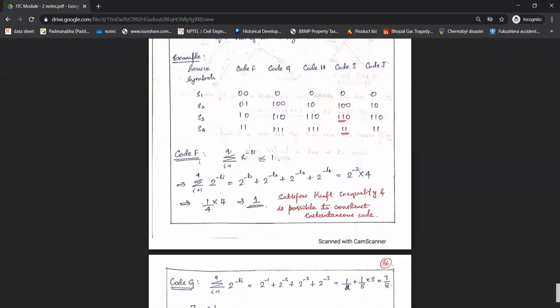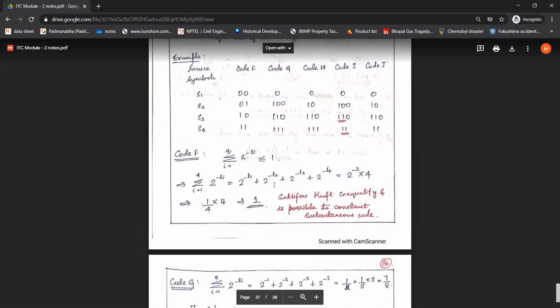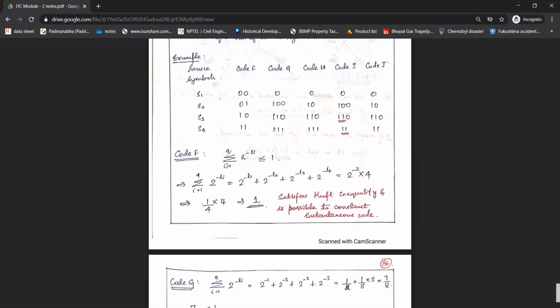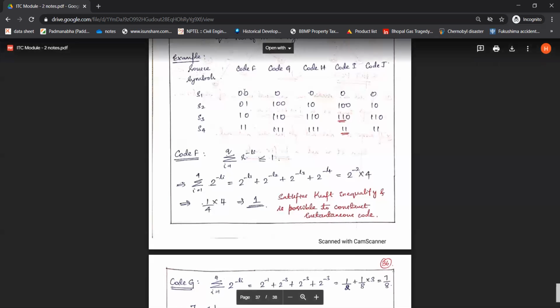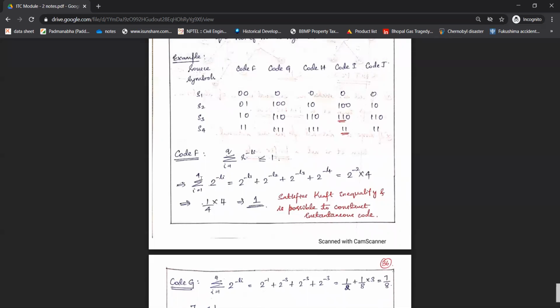First, let's consider code F and check whether it satisfies the Kraft-McMillan inequality or not. The condition that has to be satisfied is the summation of i equal to 1 to q of r to the power minus li must be less than or equal to 1. Here there are four symbols, so the summation is from i equal to 1 to 4.